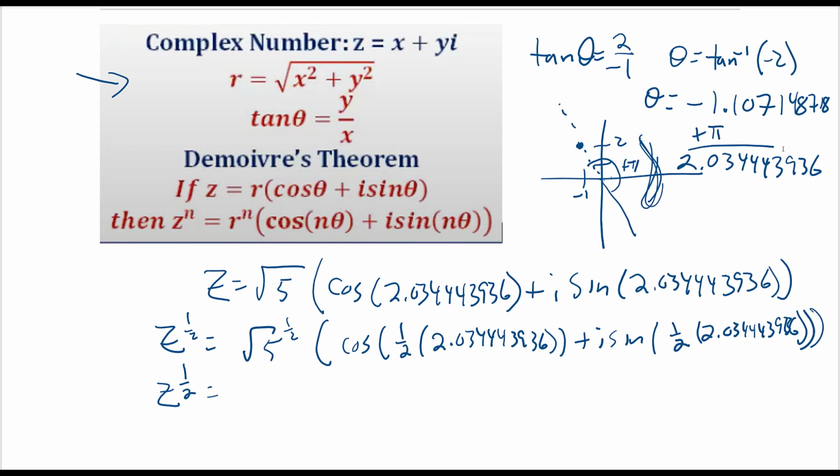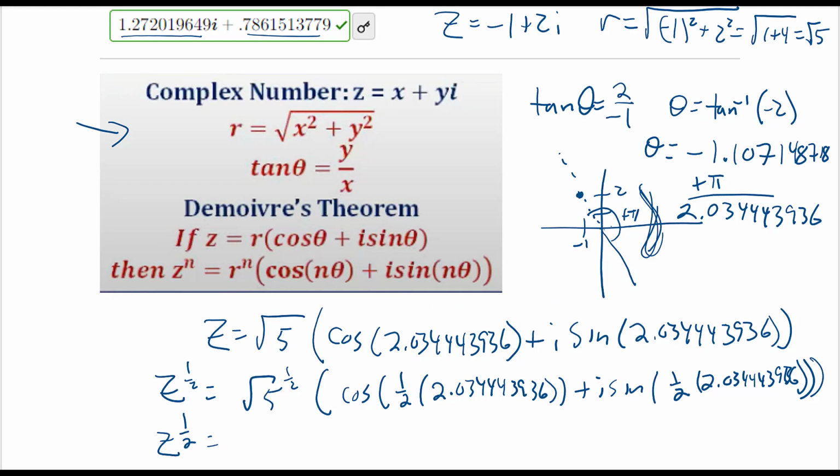is going to be, and now I'll just do some calculations together. So I'm going to do the square root of 5 to the 1/2, so it's basically 5 to the 0.25, cosine of half of this angle. This angle, I erased the 2 by mistake. So we're going to have 0.78615137776 plus i, no, I'm not doing sine yet, we're plugging things in.